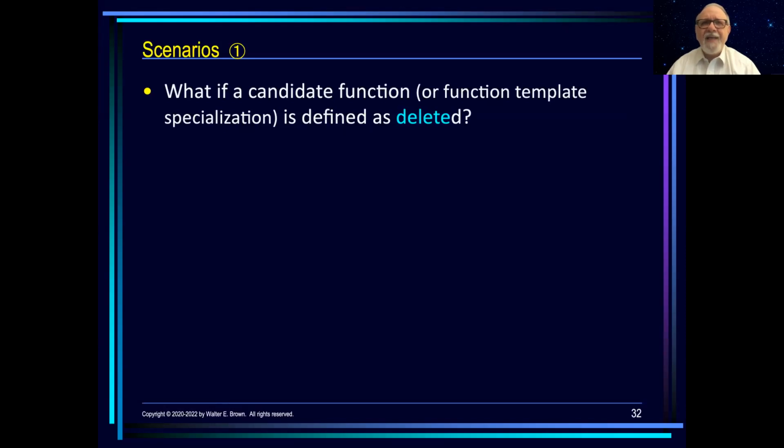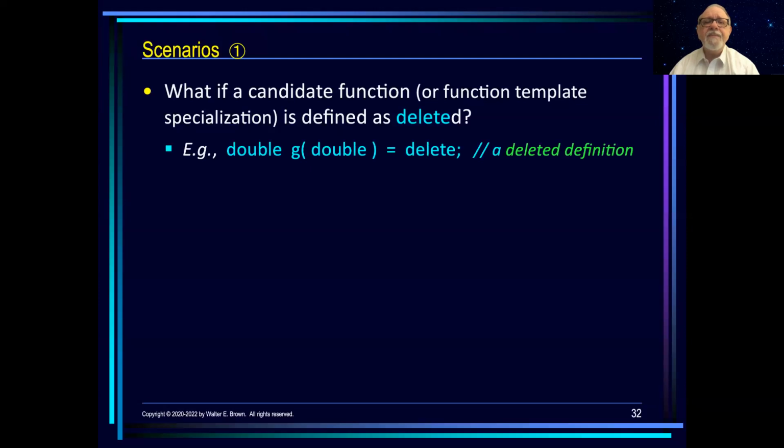What if there's a candidate function that's defined as deleted? In other words, something that looks like this. Well, that's a definition, but all definitions are also declarations. So that's a candidate if we're calling G.